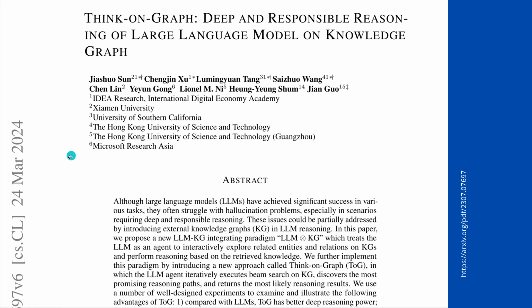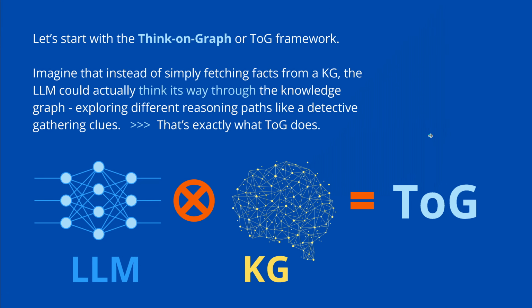And although this is already from March 2024, we had a look at this and we discovered that instead of just simply fetching facts from a knowledge graph with a simple SPARQL query, the LLM could actually think its way through the knowledge graph and explore different reasoning paths through the knowledge graph like a detective gathering the clues. And this is what I told you that Think on Graph is rather beautiful for.